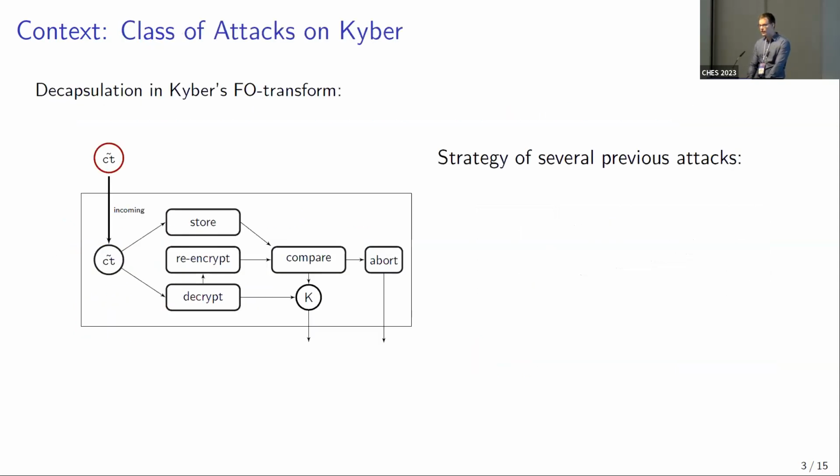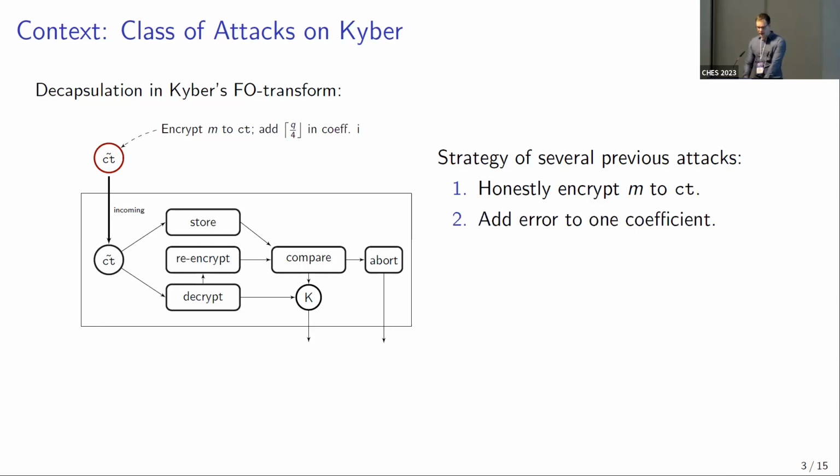The attack strategy here works as follows. So on the left side here, we have the decapsulation. And what the attacker first does is generate a ciphertext by honestly encrypting a message to a ciphertext. Then in the second step, a small error is added to one coefficient. And this small error potentially causes a decryption failure during the decryption.